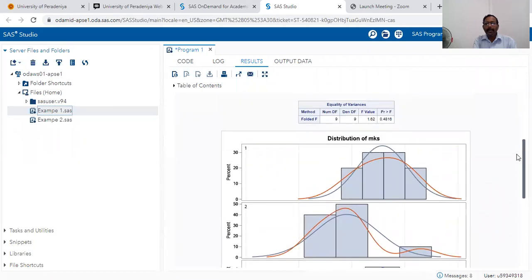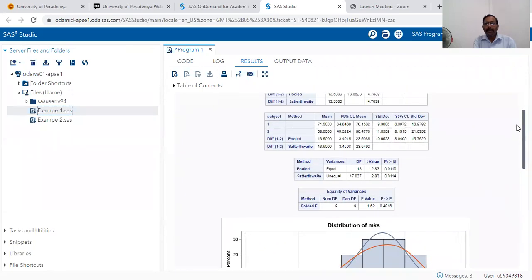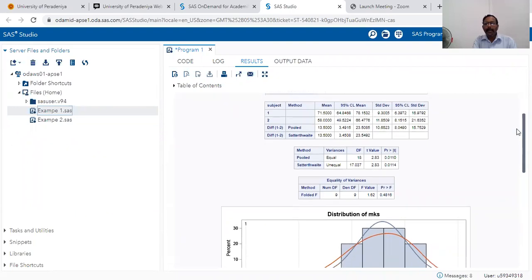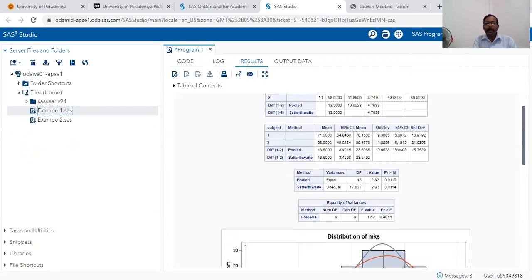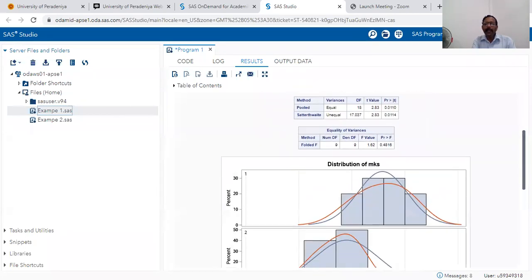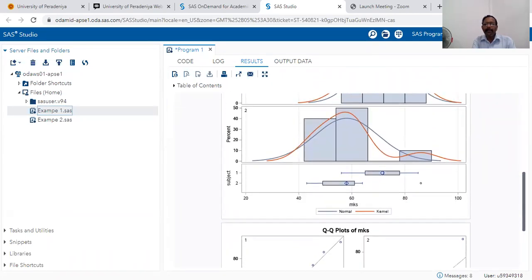Yeah, this is basically the range of values that it covers, right?